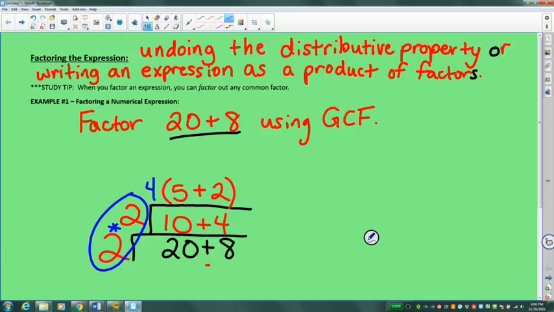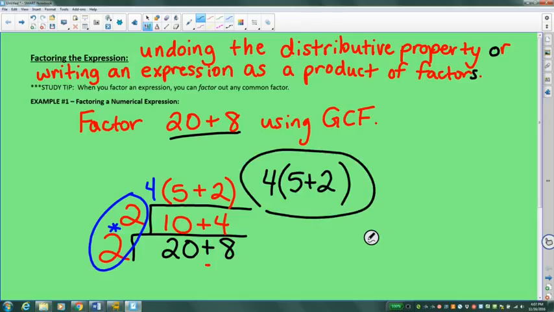So 4 is the number that will be distributed inside the parentheses if I wanted to use the distributive property. Or 4 is essentially our present. So I factored 20 plus 8, and I got 4 times the quantity 5 plus 2. That is my answer. That is in factored form. I have written my expression as a product of factors. Product means there's multiplication. 4 is being multiplied by 5 plus 2.